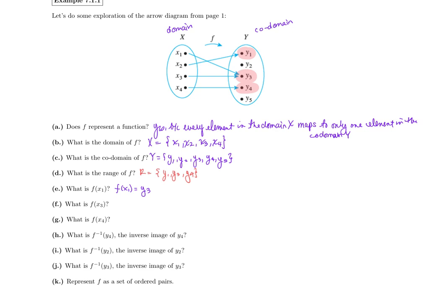In the same manner, f of x3 says that f maps x3 to y3, so f of x3 is also y3. So f of x4 would map to y4.